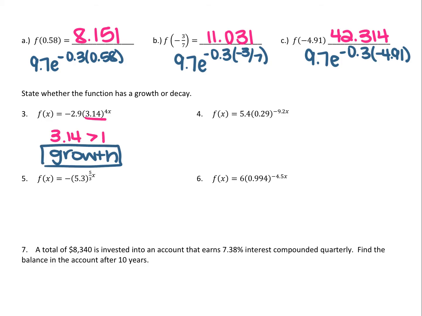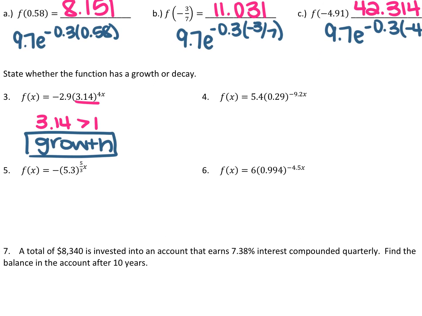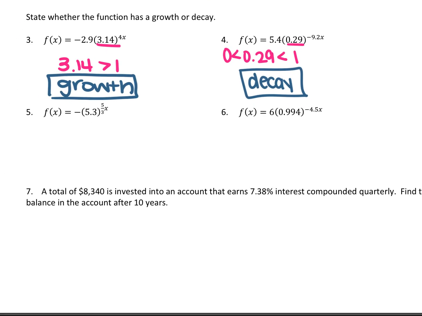For 4, you have f of x is equal to 5.4 times 0.29 to the power of negative 9.2 times x. The 0.29 is what you're comparing to 1. It is less than 1, but greater than 0. So this one is a decay. For 5, you have f of x is equal to negative 5.3 to the power of 5/3 x.